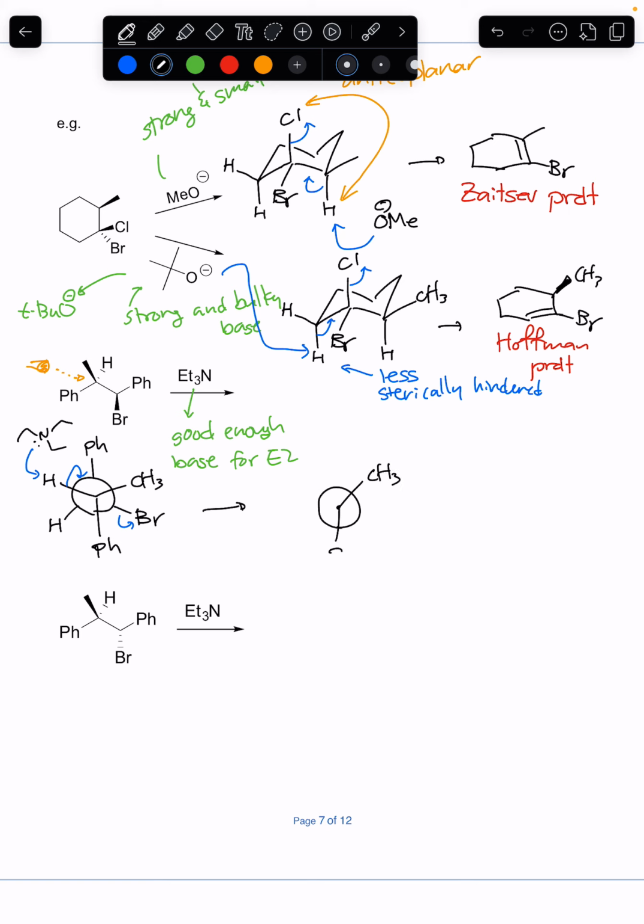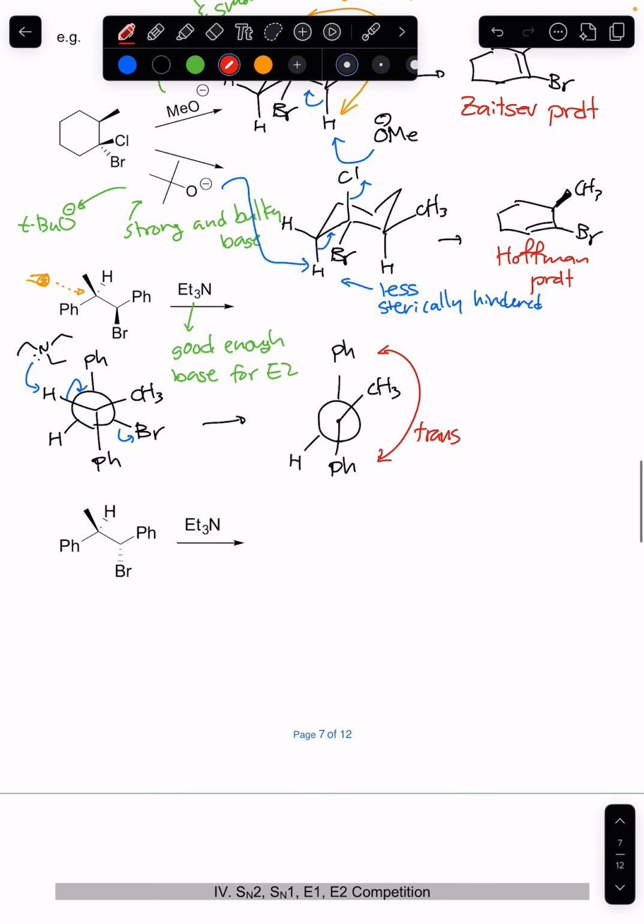I want you to notice that the 2 phenyl groups are in the trans geometry, opposite from each other across the double bond.